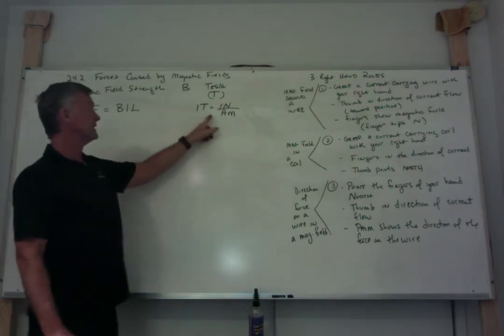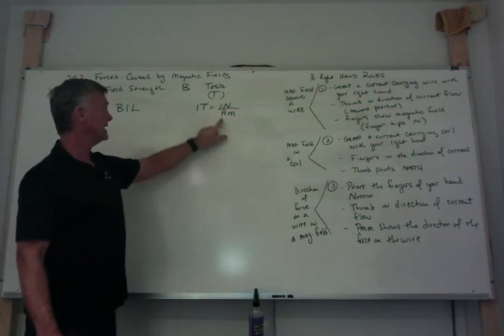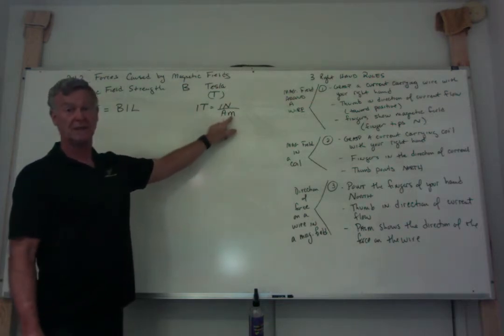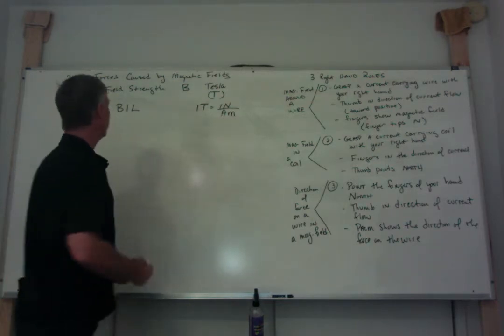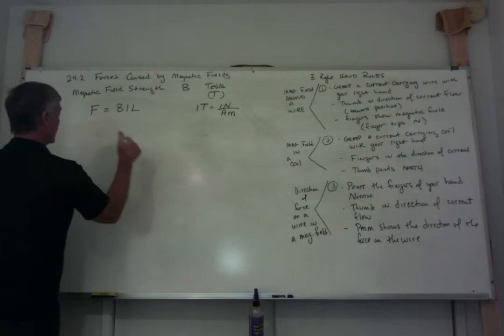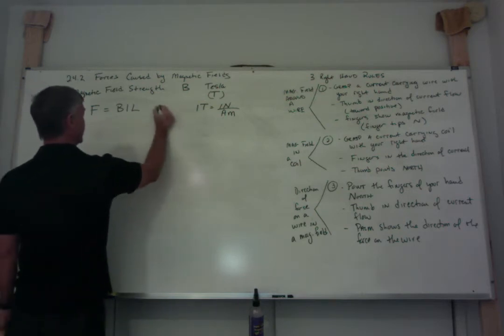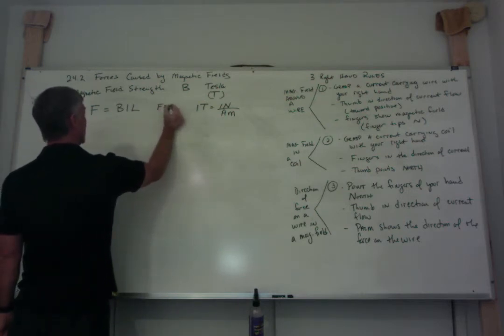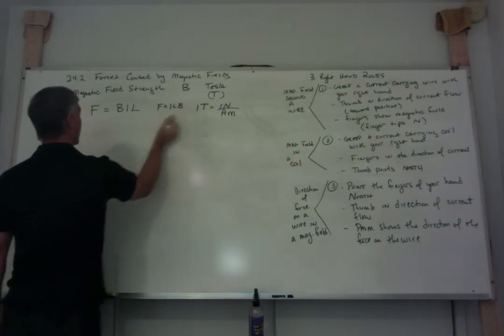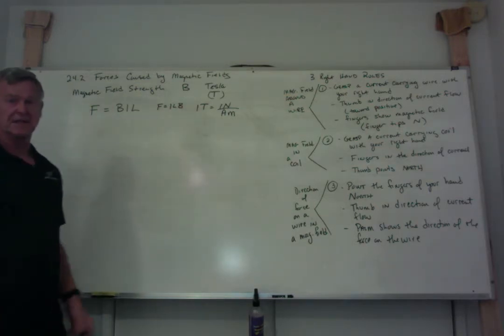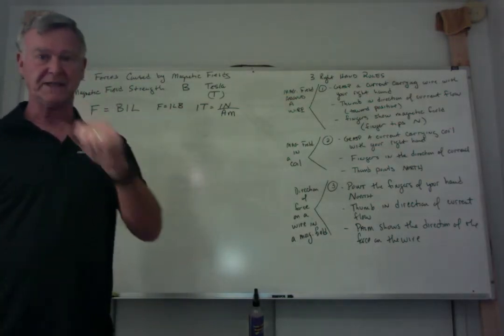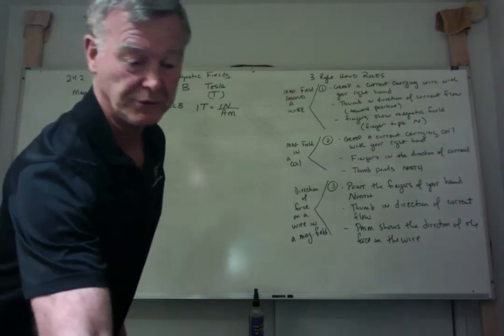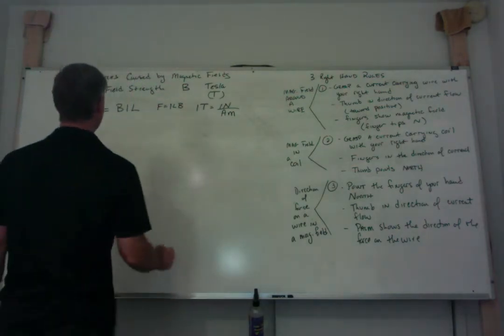Notice though, it's interesting, it's a magnetic field and yet it's defined by its current and the distance that it travels. Now, your book blows this. They write this F is equal to ILB, but I like it this way because it just sounds like the name Bill. And so force is equal to Bill.